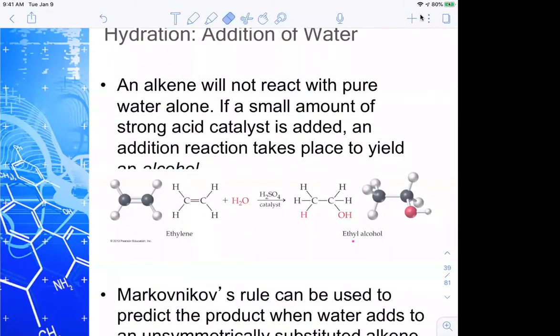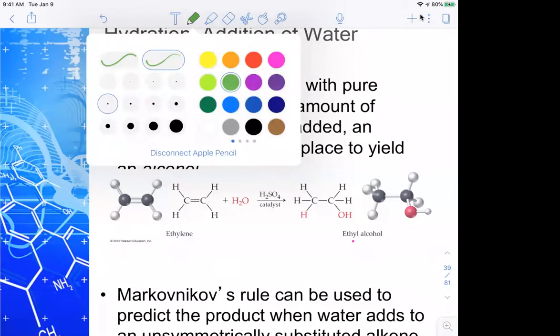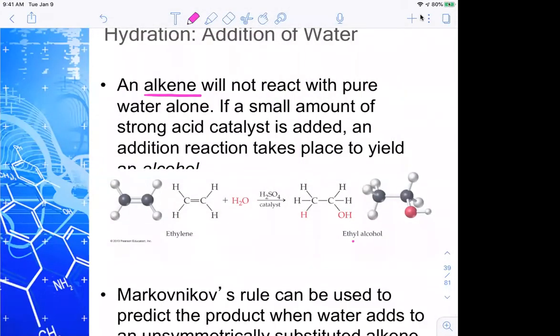So hydration is the addition of water. What we know is that an alkene will not react with pure water all by itself. I have to have a very small amount of a strong acid catalyst.